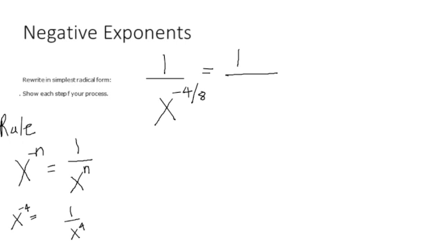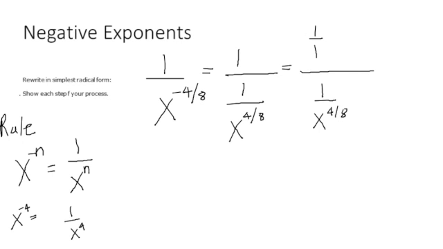So according to this rule, this would be 1 over x to the positive 4 over 8. Okay, well, simply put, that means that my numerator is 1 over 1, and my denominator is 1 over x to the 4 over 8.